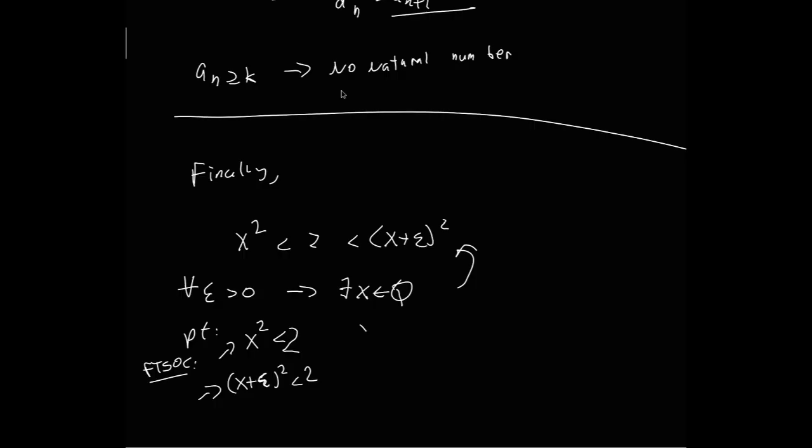So let's just start with x equals 0 and induct. For x equals 0, 0 less than 2, and epsilon less than 2, we get epsilon less than 2. Okay. But for x equals 1, what do we get? We get 1 less than 2, and we get 1 plus epsilon squared less than 2. Oh, wait, this should be epsilon squared. Sorry, my bad. So then we get epsilon squared plus 2 epsilon plus 1 less than 2.